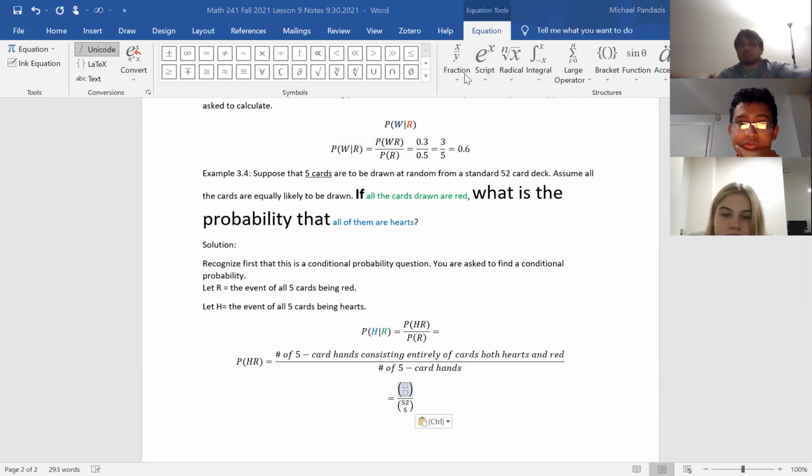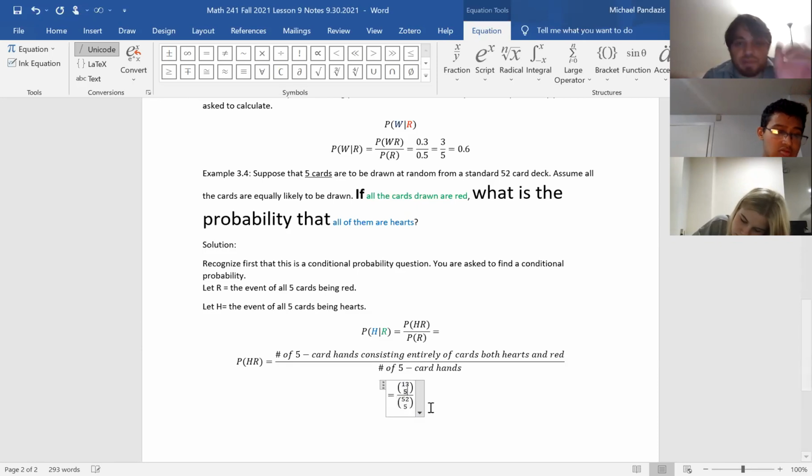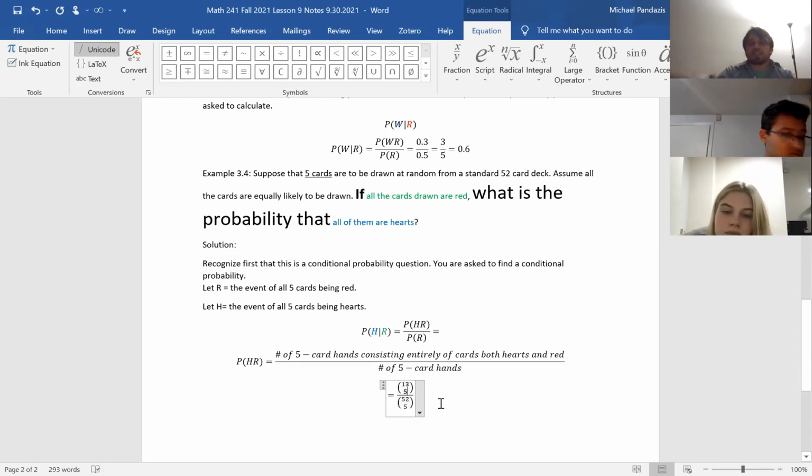All the black cards are gone. All the diamond cards are gone. You're left with only 13 cards, all the heart cards, which are also red. You want to choose 5 of them for your 5-card hand, so there's 13 choose 5 ways to do that. So the probability of getting a 5-card hand in which all the cards are hearts and red is 13 choose 5, divided by 52 choose 5.